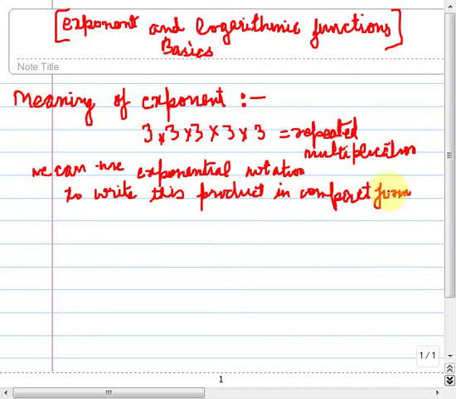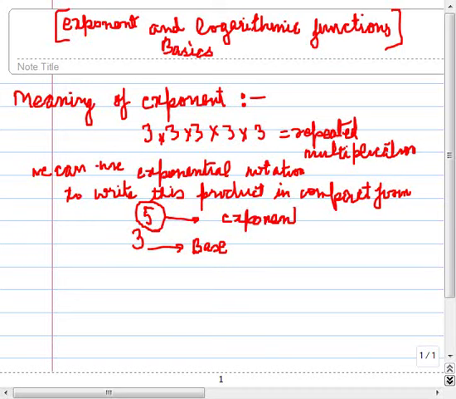What is that exponential notation? We just write this as 3 to the power 5. 3 is multiplied 5 times, that is taken to the exponent. This is called the base, and this is called the exponent.